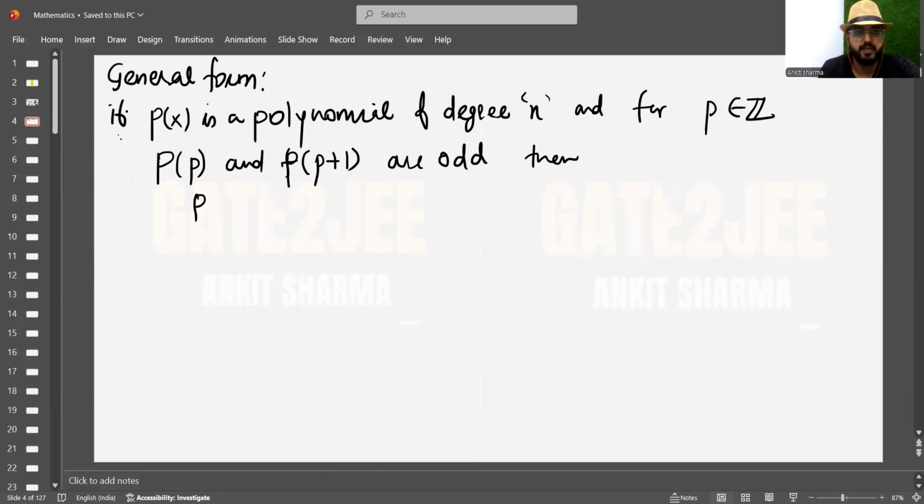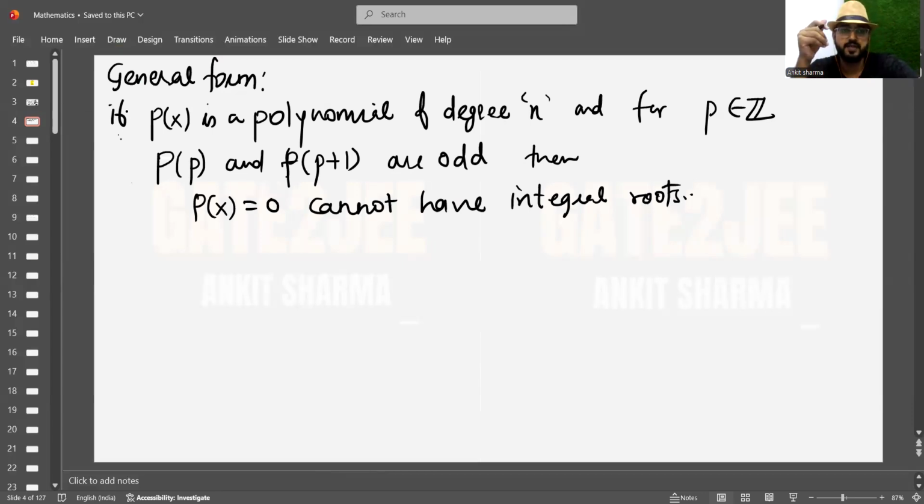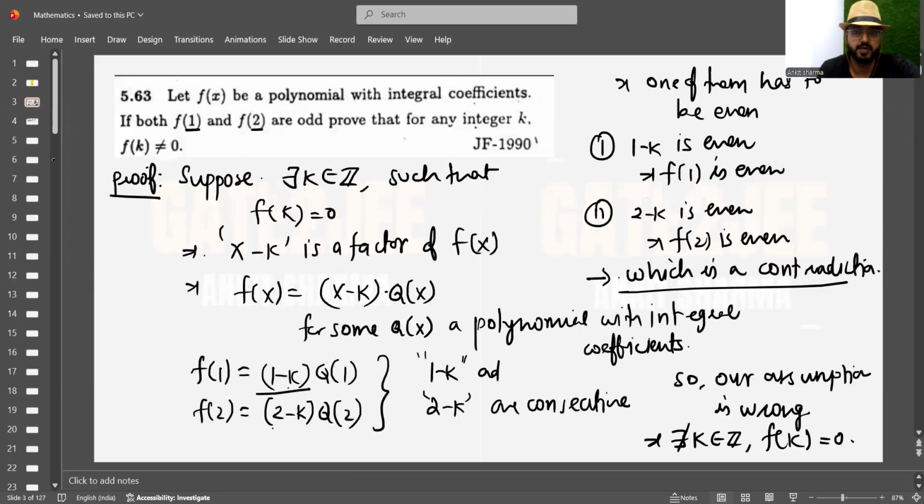Then p of x equal to 0 cannot have integral roots. So we could justify: if P of x is a polynomial of degree n and for p belonging to integer, if I just take two consecutive integers so that P of p and P of p plus 1 are both odd, then P of x equal to 0 won't have integral roots. And the proof is exactly the same argument.